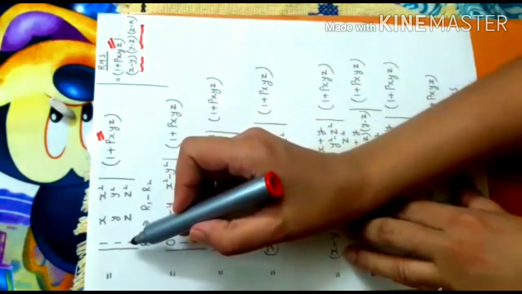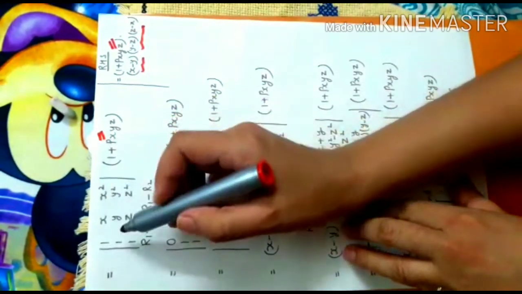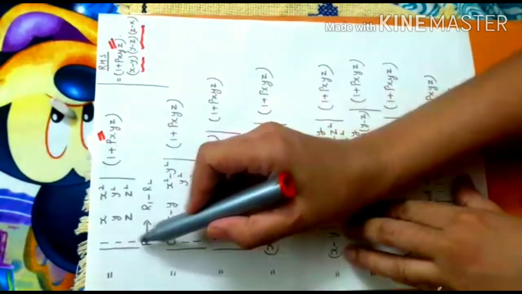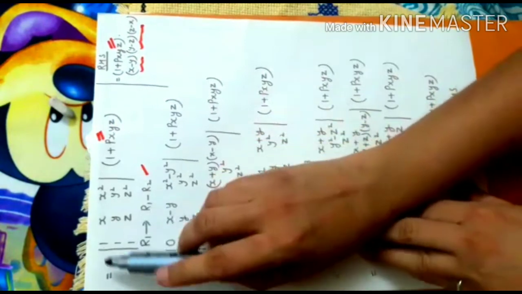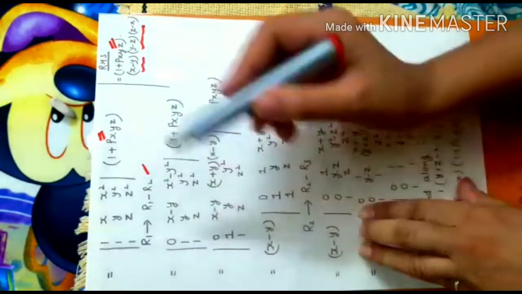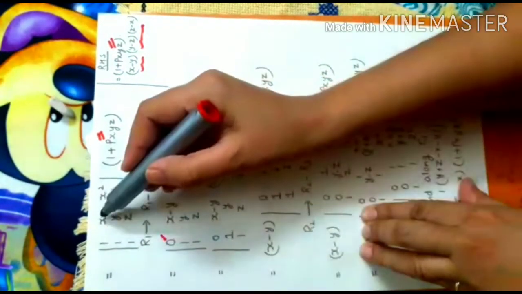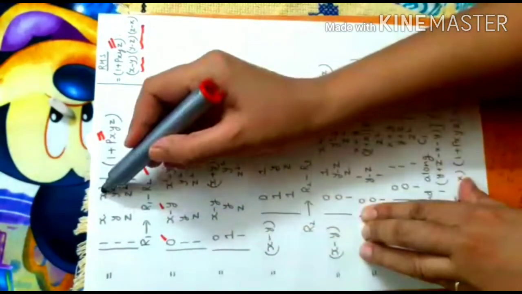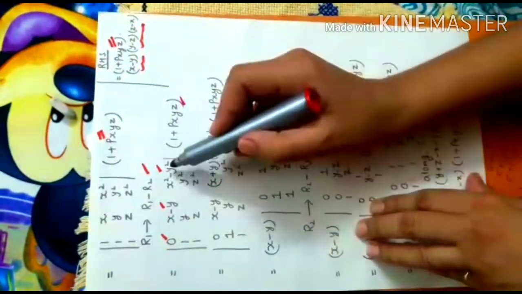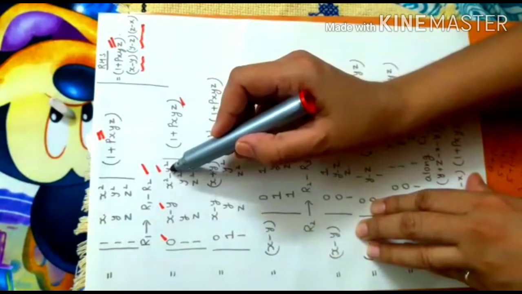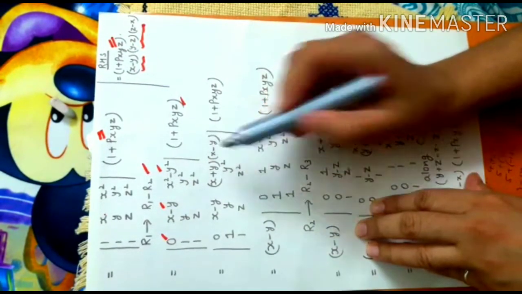So to get the maximum number of zeros in this column, I'll perform the operation R1 changes to R1 minus R2, because then this number will become 0. So I'll get 1 minus 1, 0, x minus y, x square minus y square into this. Now I factorize this. Factors of this will be x plus y into x minus y.